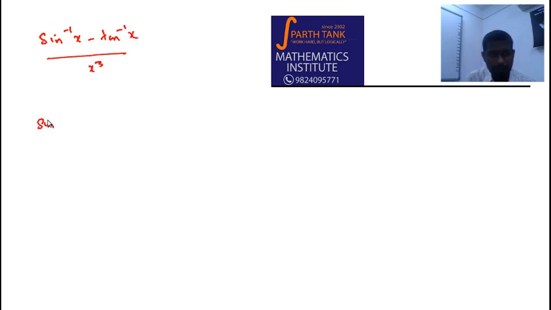Now sine inverse of x is x plus x cubed by 6 and so on, some other terms. Tan inverse of x is x minus x cubed by 3 plus and so on.